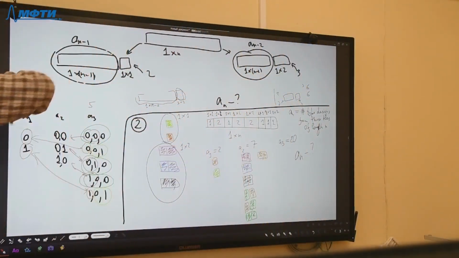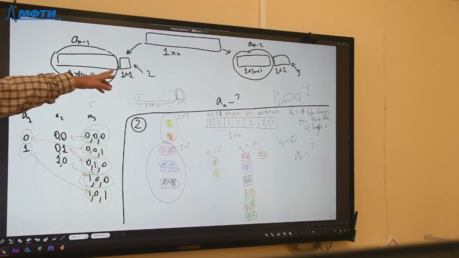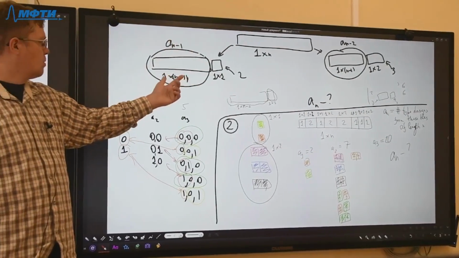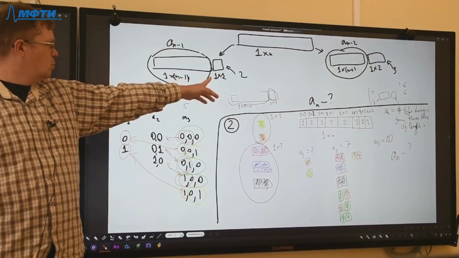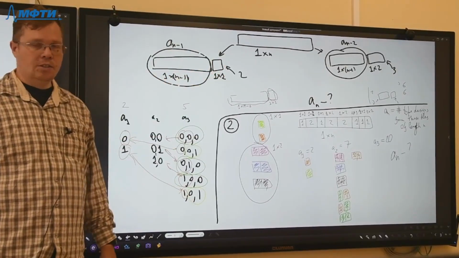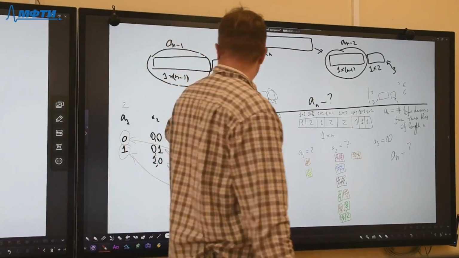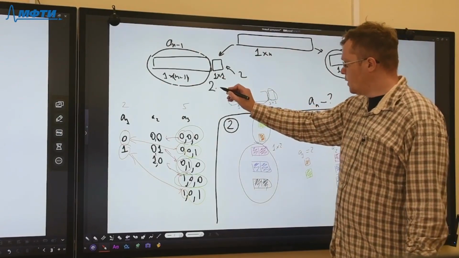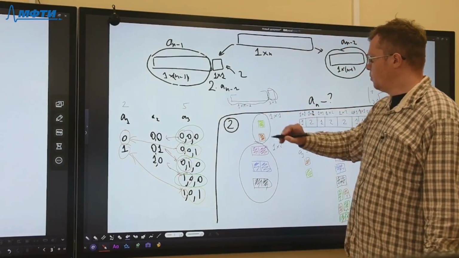But how many possible patterns can we form from n minus 1 patterns of 1 times n minus 1 and two possible tiles of 1 times 1? If you have two possible options here and n minus 1 options here, then in total we'll have 2 times a_{n-1} possible options here.